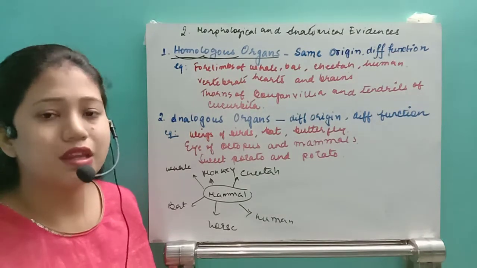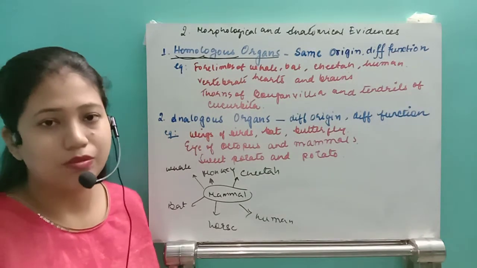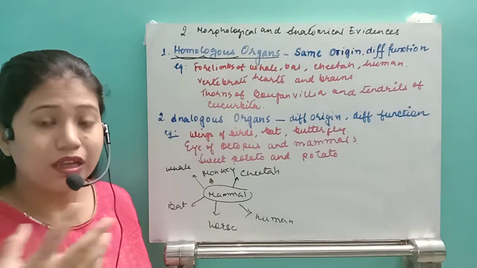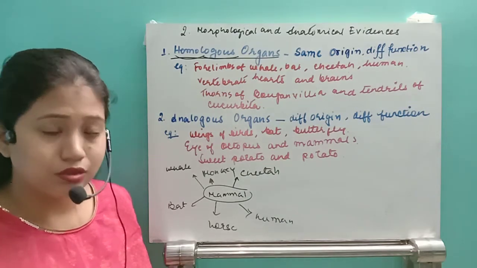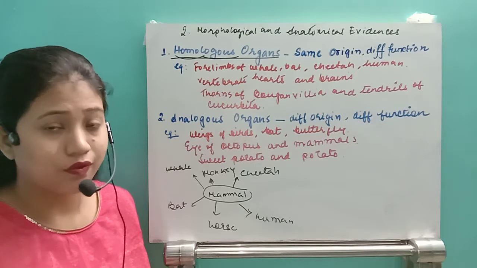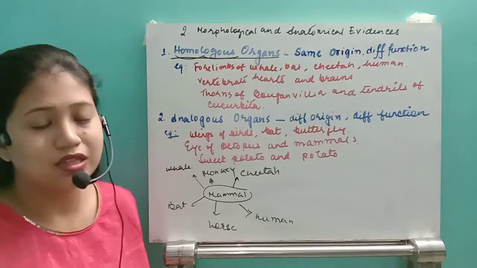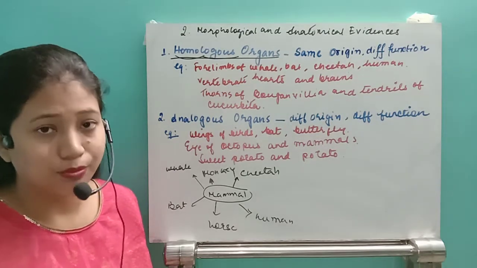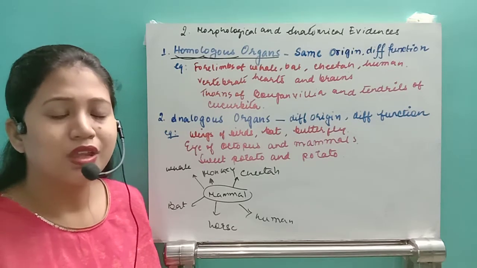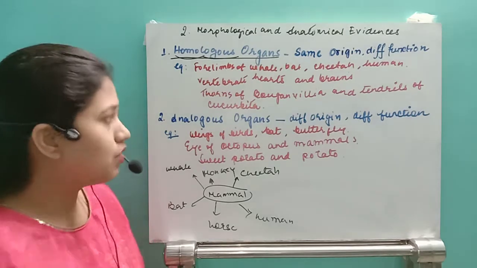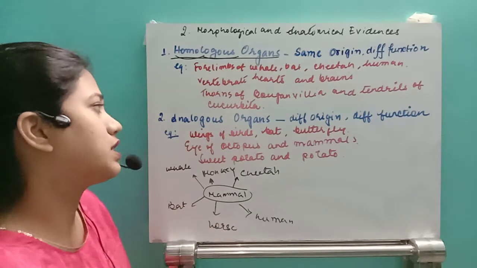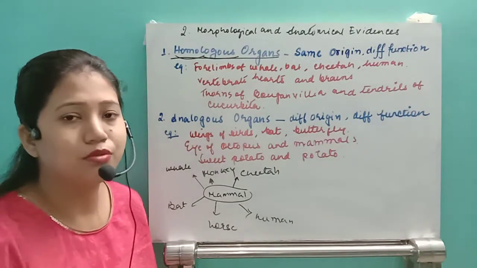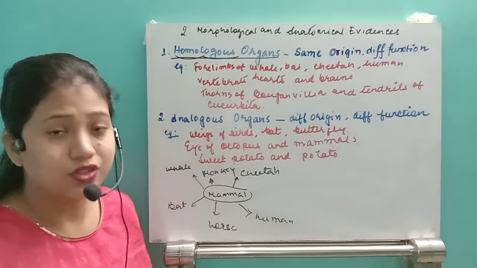Now we understand that they are mammals, but earlier, when evolutionary trees were being found, we didn't understand what type of group they belonged to. Whenever the classification was done, it was with the help of homologous and analogous organs that they were brought under different groups or sections.